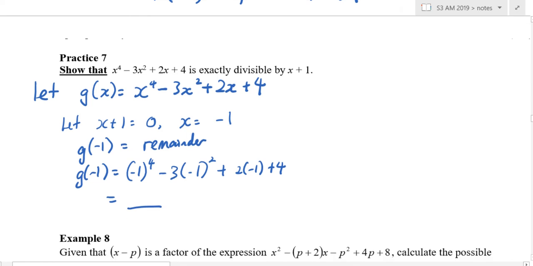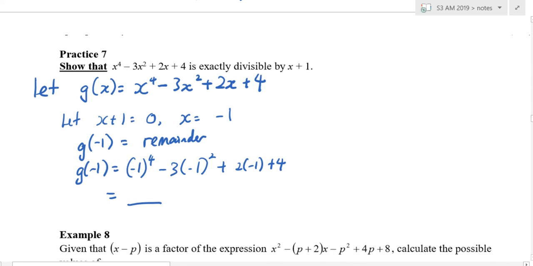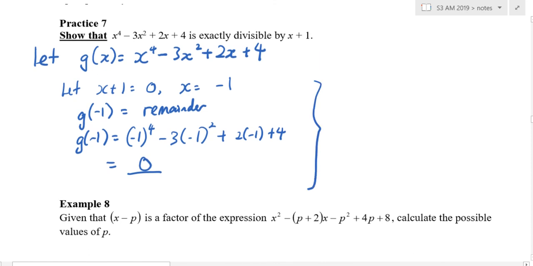And can I have that magic number? Really? Oh, thank you. How do you write? Since... see, it gets so boring because everything is the same. Remainder equals 0. Don't use x plus 1 as a factor, please.